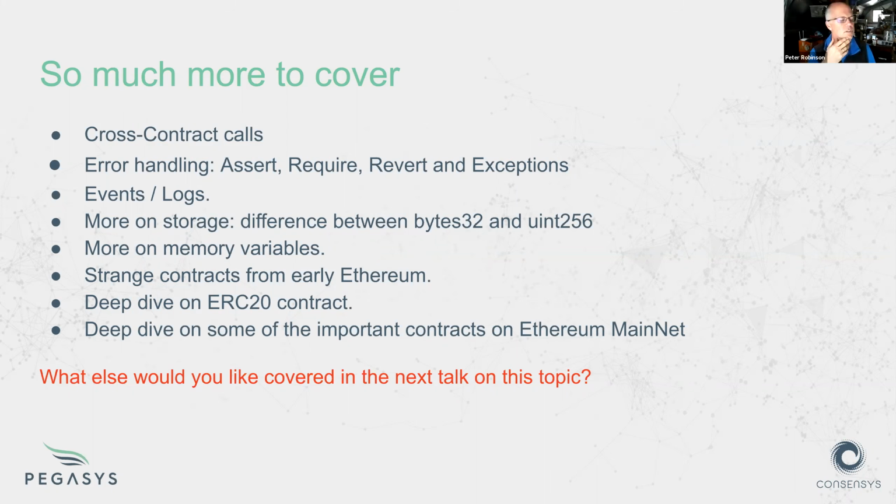So how do they all interact? I didn't really talk about logging, and what do they look like at the bytecode level? Are they efficient? How do you make them efficient? I didn't talk about bytes32 or bytes1 and compare that to uint256. And so there's more work to be talked about memory variables.